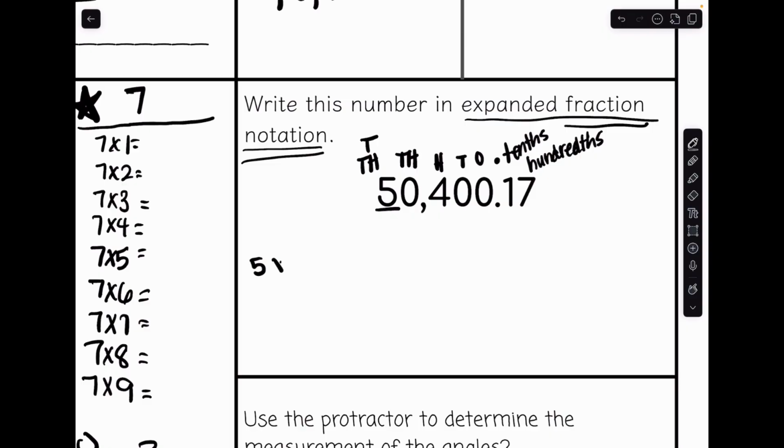So we start first, 5 times 10,000, plus, we don't have a digit. Well, there's a digit, but no value in our thousands place. So we're going to move on. Our next value is 400. So we have 4 times 100.